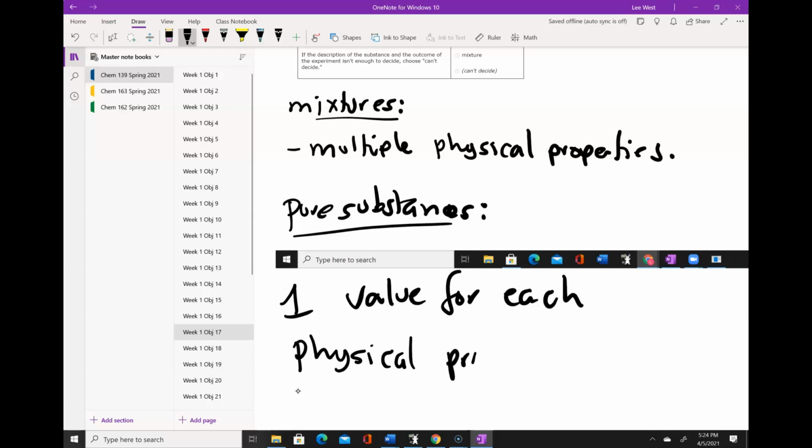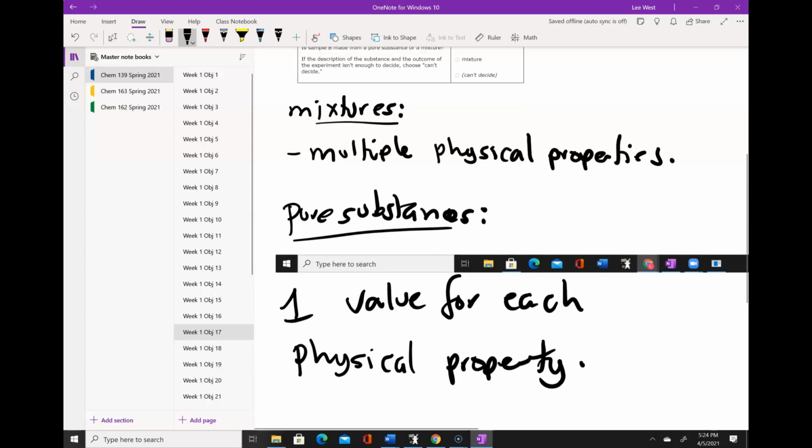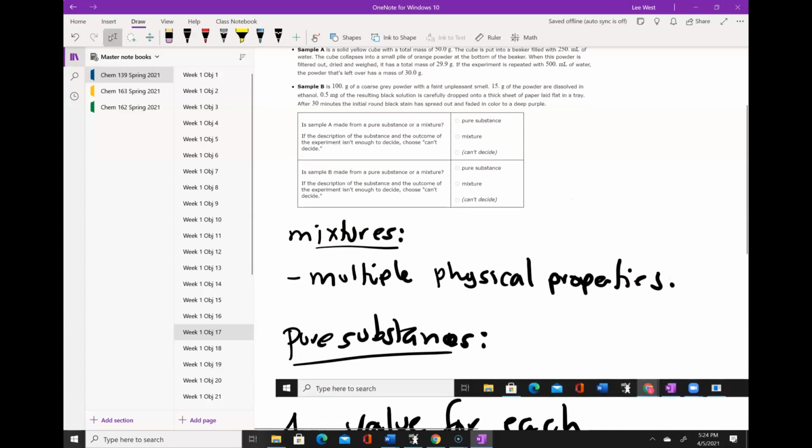All right? So if I have a pure sample of sugar, then it will dissolve in water, right? There's one solubility in water. But if I have a mixture of sand and sugar and I add water to it, the sugar will dissolve and the sand will stay behind. I have two values for the solubility in water.